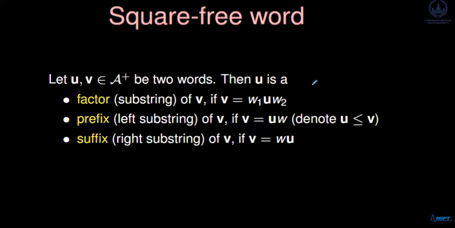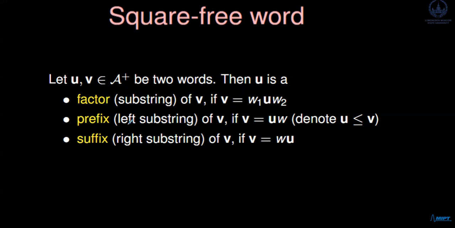We start by defining two words, U and V, which both belong to A plus, the non-empty finite words, meaning they are non-empty finite words over the alphabet A. First, we say that U is a factor or substring of V if we can express V as V equals W1 U W2, where W1 and W2 are other words that, when concatenated with U, form the word V. Essentially, U is a factor of V if it appears as a continuous subsequence somewhere in V.